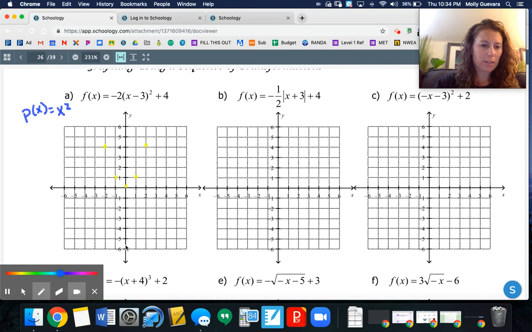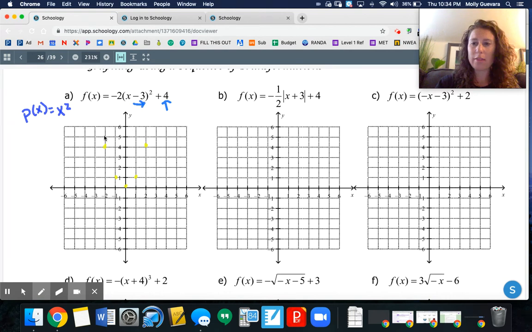Okay, so here I'm told it goes up 4, right? The -3 is inside the parentheses, so that's to the right 3. And then this tells me that I'm multiplying the y coordinate by 2, and I'm reflecting over the x-axis. So let's start here. The y coordinate is 0. 0 times 2 is 0.